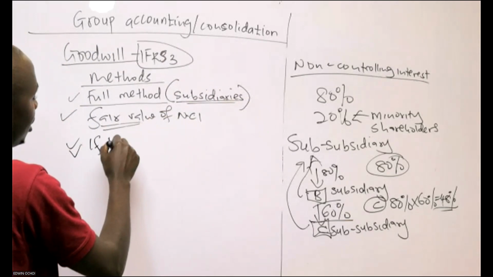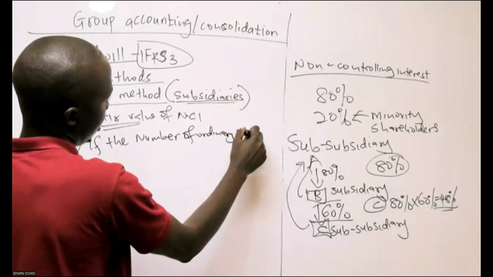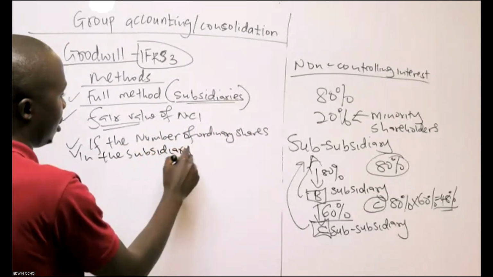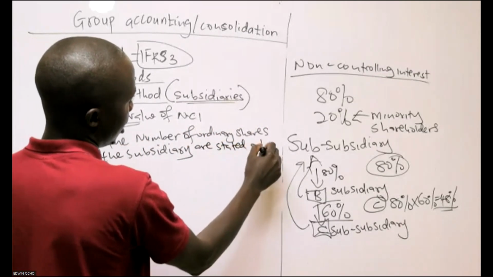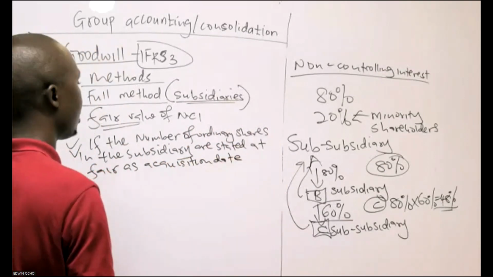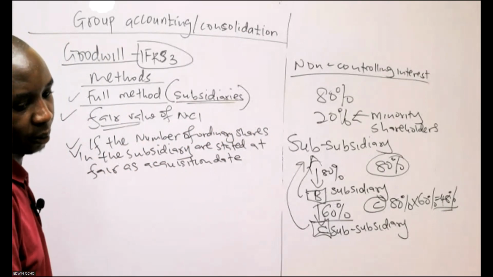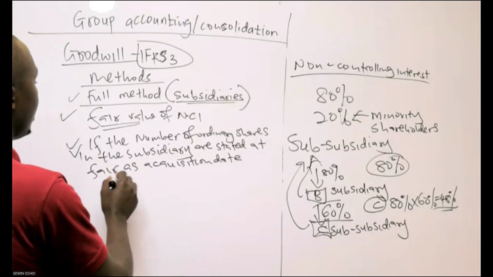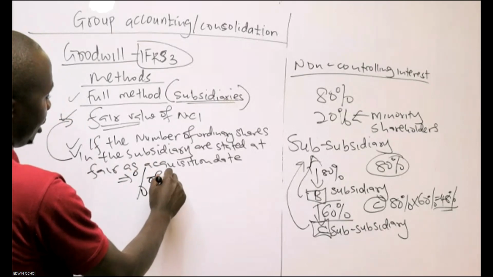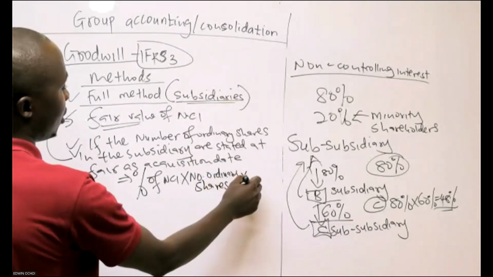That is, if the number of ordinary shares in the subsidiary is stated at fair value as at the acquisition date, then to determine the fair value of the NCI, you take the percentage of NCI times the number of ordinary shares of that subsidiary times that fair value.